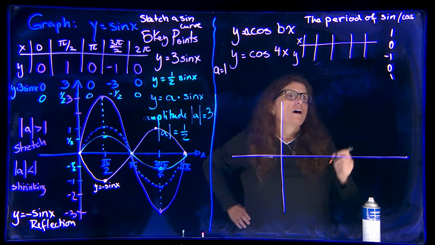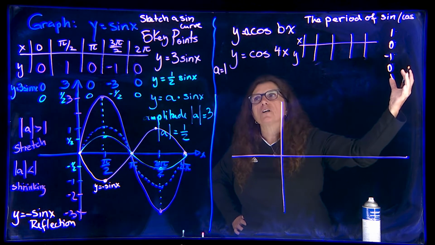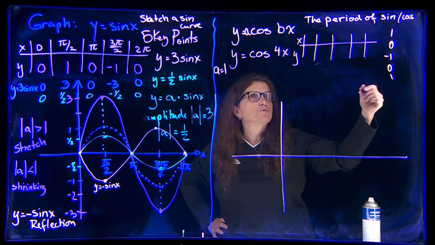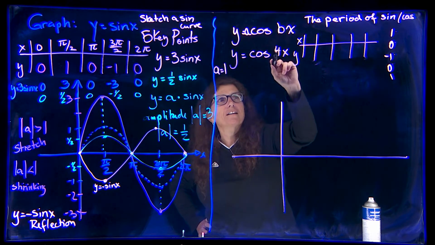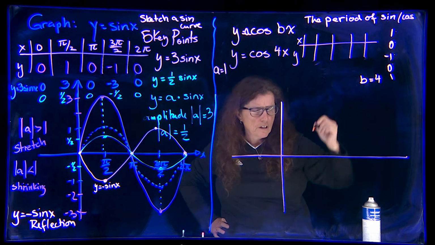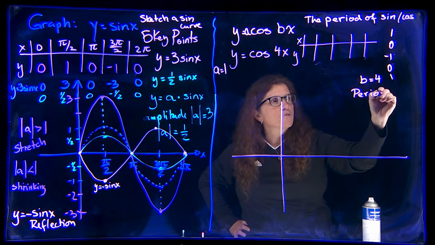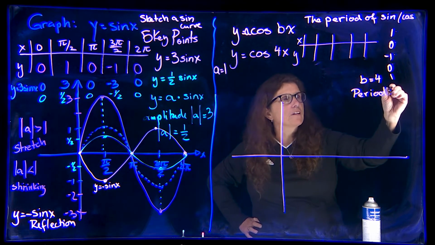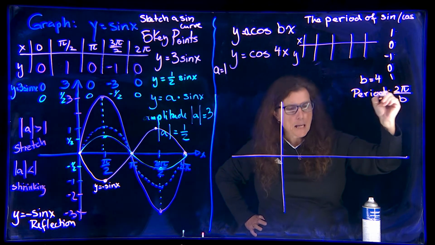So how do we find what the period is if it is not a basic period of 2 pi? Well, we have the form of bx, and in this case, b is equal to 4. And the formula for the period for sine and cosine is 2 pi divided by b.